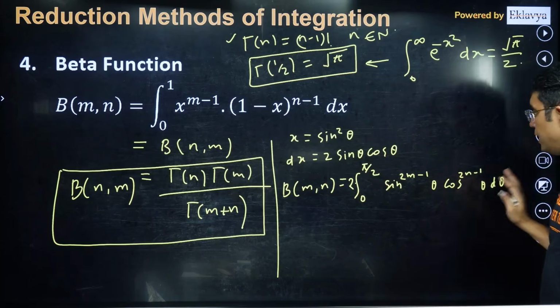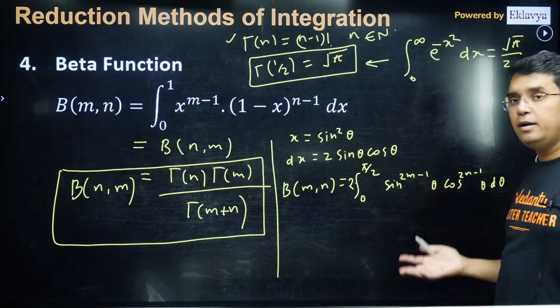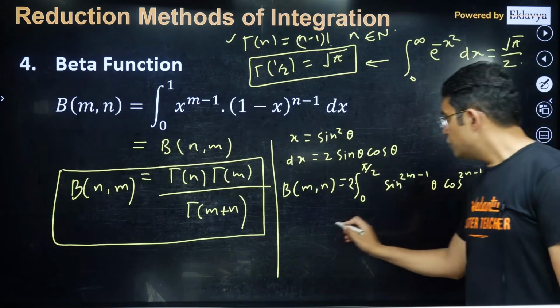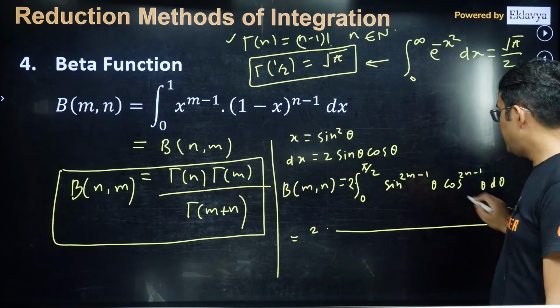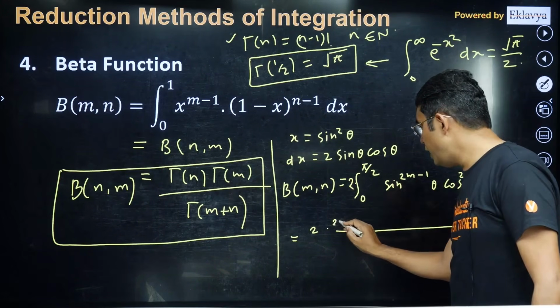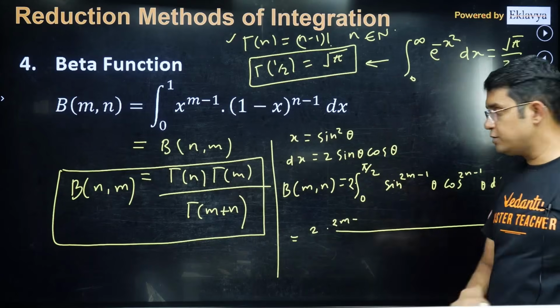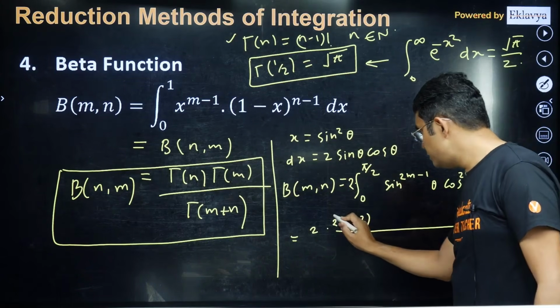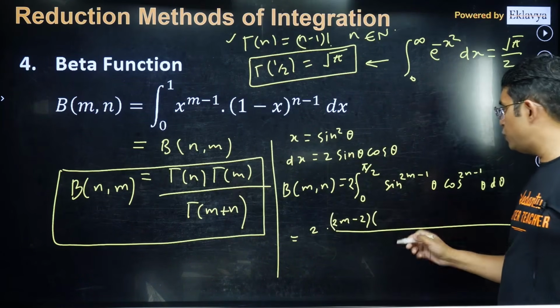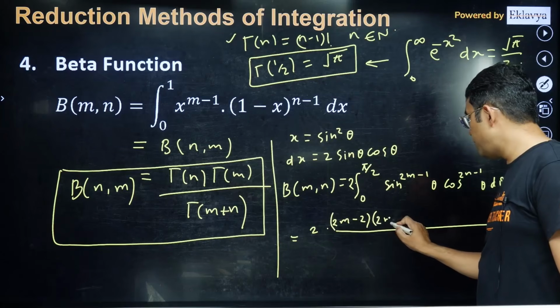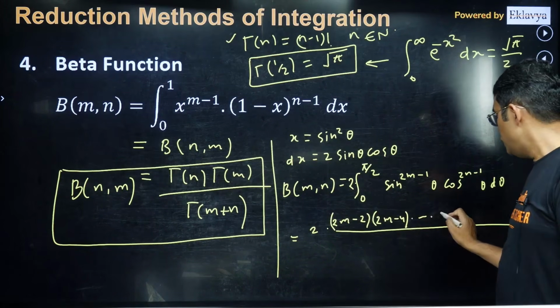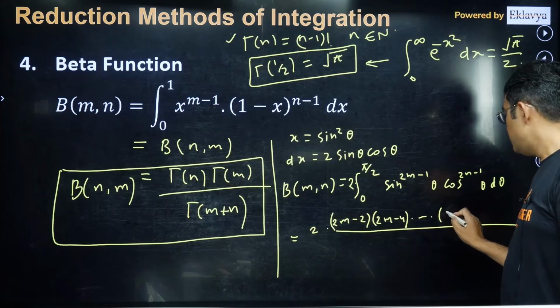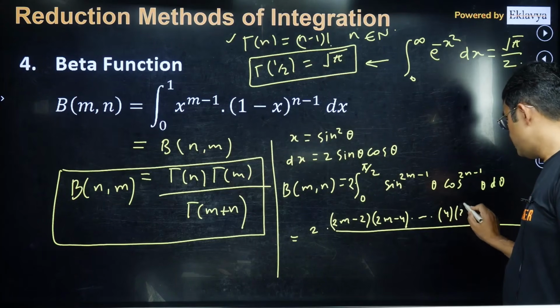Okay, now you can see this is exactly similar to what we did in Wallis formula. So what was Wallis formula? Let's try to recap that. Here it will start with 2m minus 1 minus 1, so 2m minus 2. Then you will reduce it by 2 all the time, so 2m minus 4 and so on. And this is an even number always, so it will end at 4 and then 2.